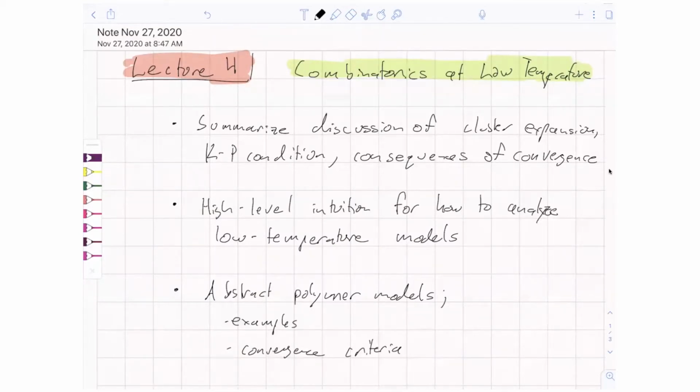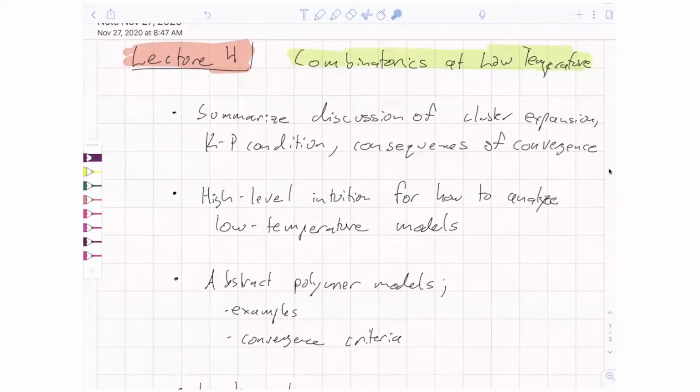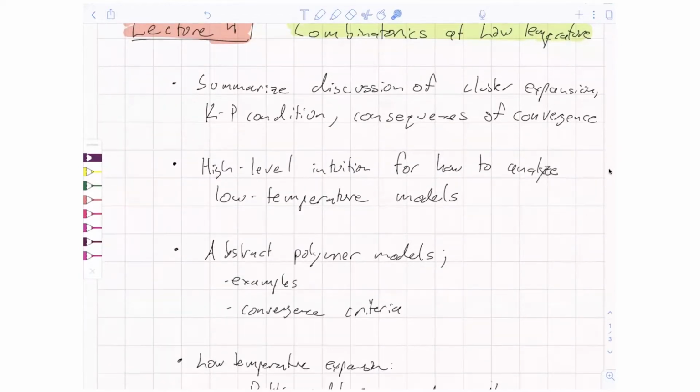or ideas. So good. Today we'll first summarize the discussion of the cluster expansion and the convergence criteria from lecture 3, just to recall what a cluster expansion is, how we know when it converges, and what we derive from convergence. Then I'll move on to the idea of low temperatures, and I'll give first some high-level intuition for how you want to view low temperature models with some pictures.